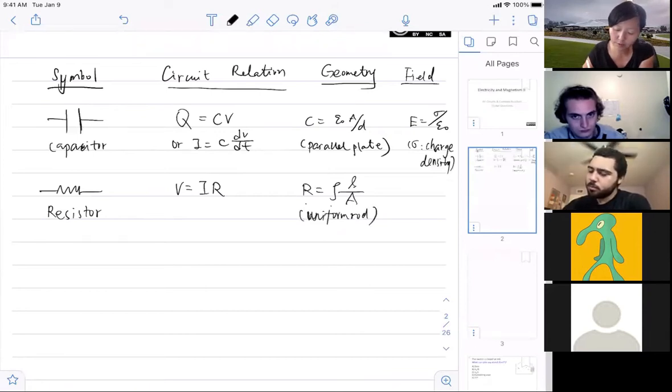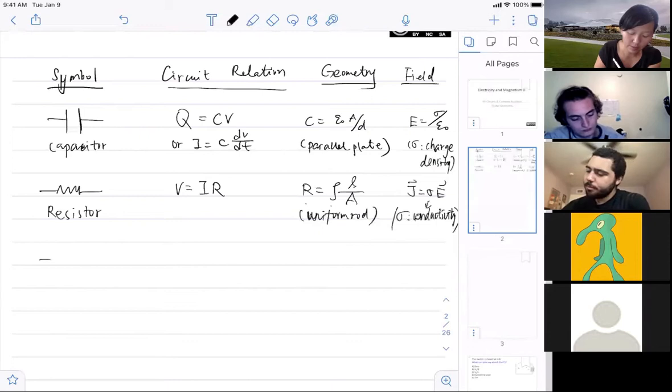In terms of the electric field, we have the microscopic Ohm's law, J is sigma times E. Notice this sigma and the previous sigma represent different things. This one is not charge density. This is the conductivity of the material. Two different things.